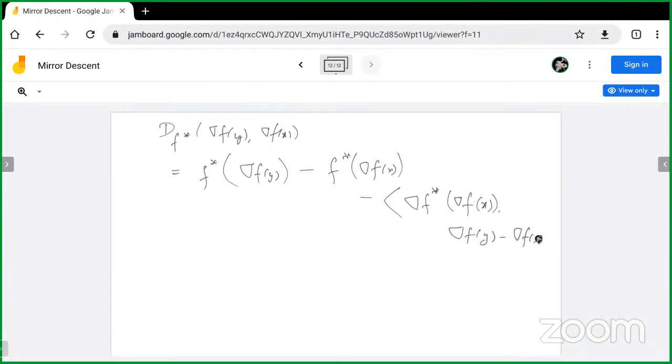Yeah, y first. It looks the wrong way, but it's fine.